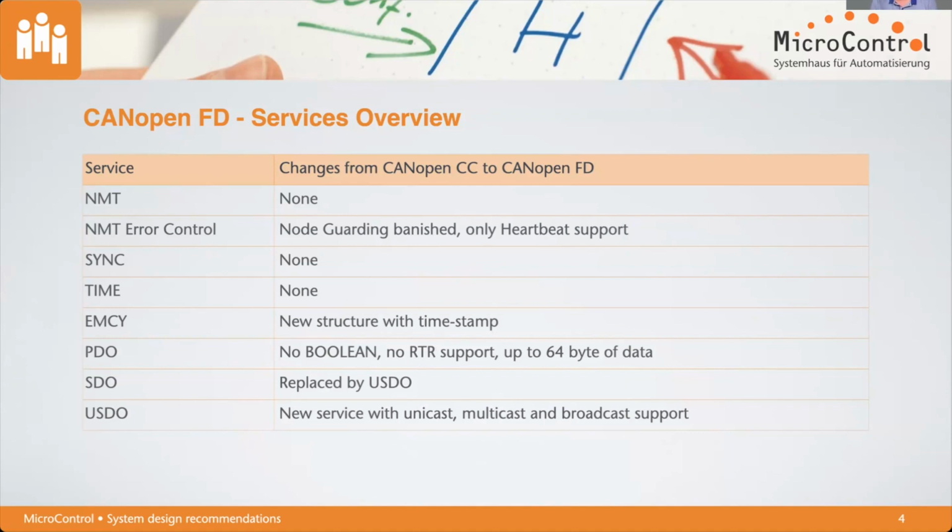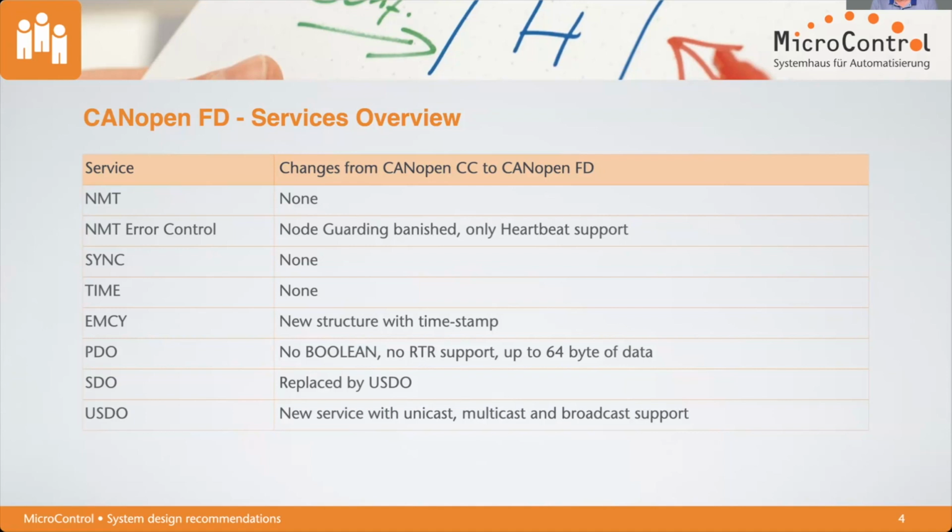If we have a look at the different services, network management means there's no change at all. For network management error control, we don't have these nasty node guarding anymore, only heartbeat, which is the good news for the day. Sync, no changes at all. Time, no changes at all. For emergency, you already heard that we have a new structure with this timestamp and new features.